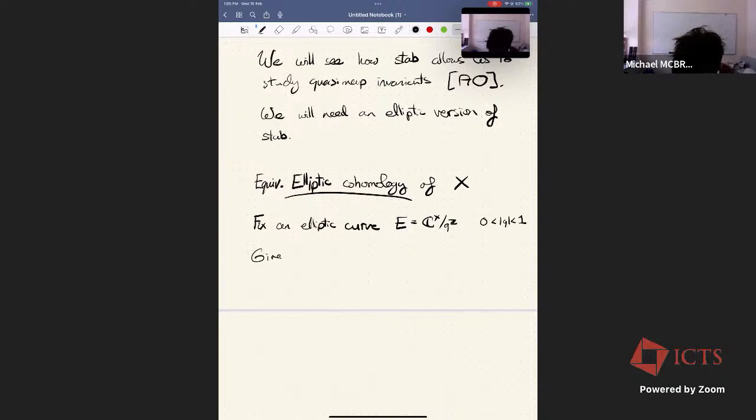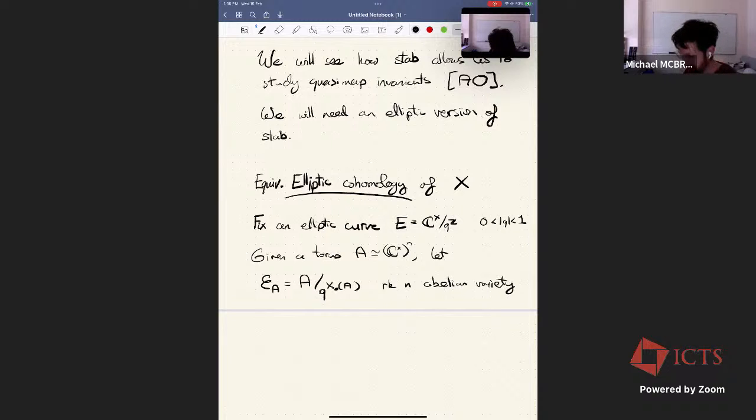So given a torus A, we let EA be the quotient of this torus by the subgroup generated by Q to the various co-characters of A. So this is a rank n abelian variety. And maybe if you're an algebraic geometer, this is not the most interesting abelian variety, but good enough for us.